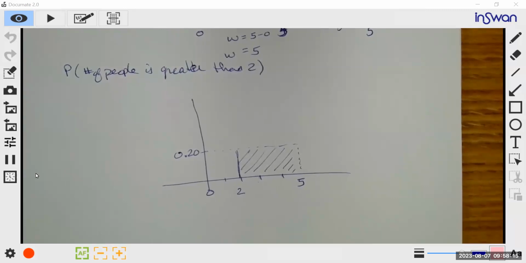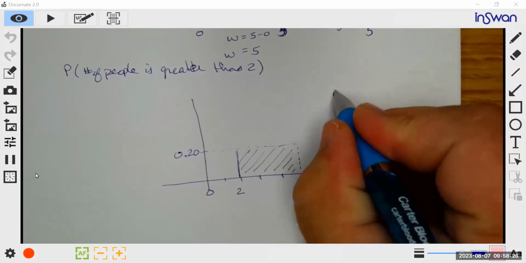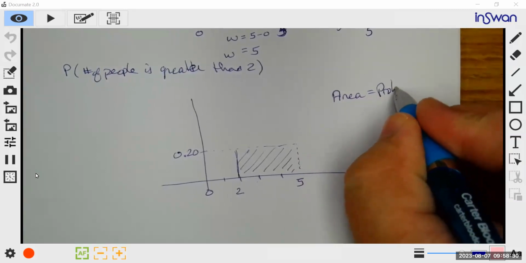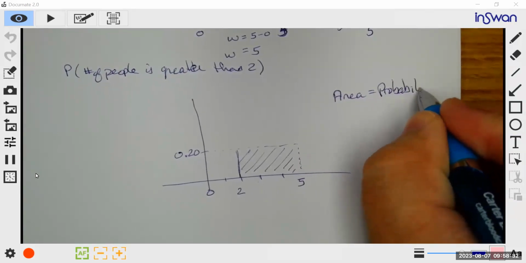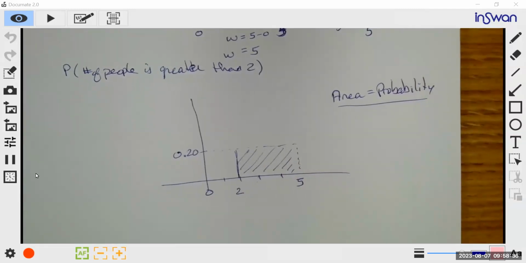Because now we're making the transition where area under a curve equals the probability of an event occurring. We're now making that big jump.